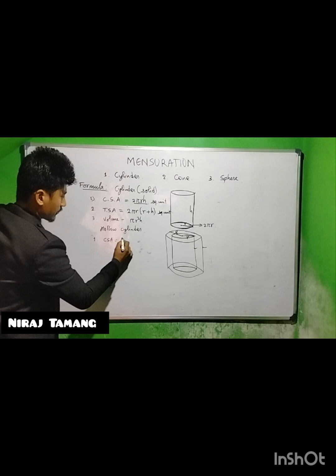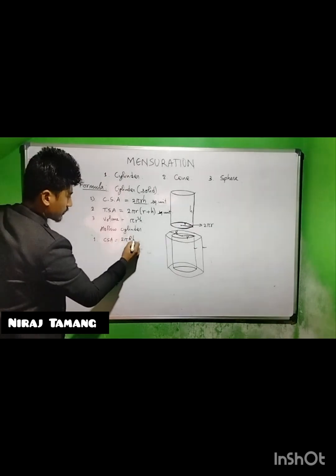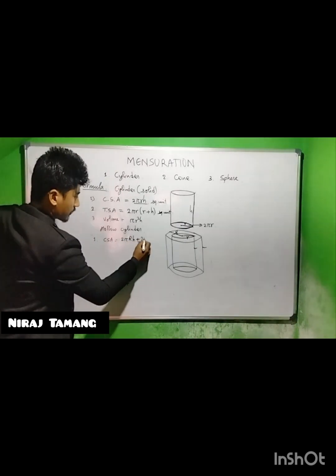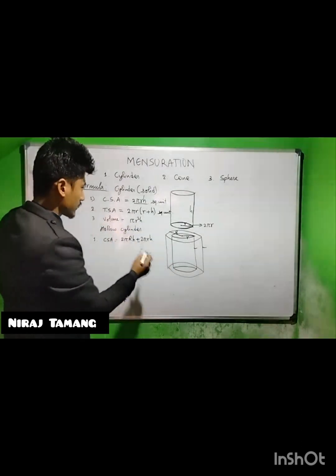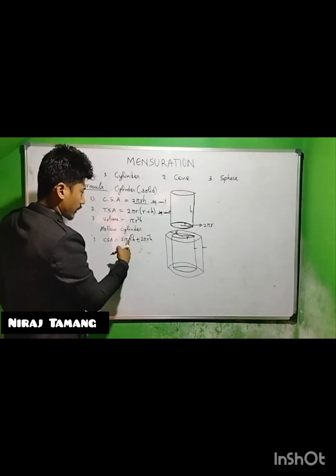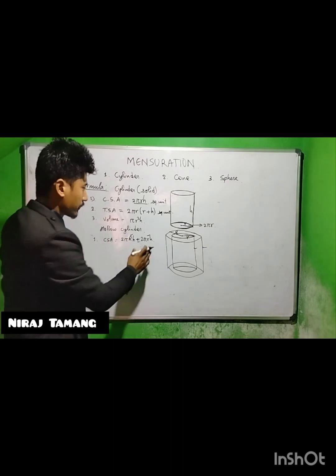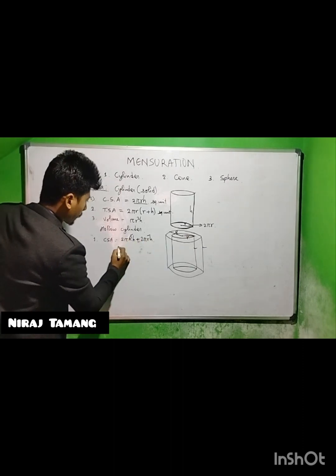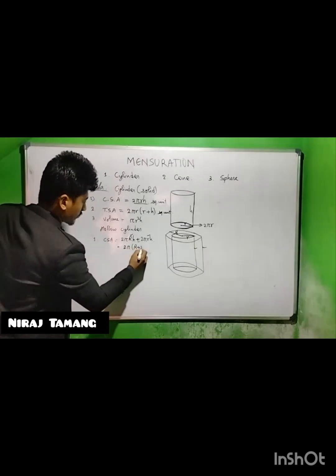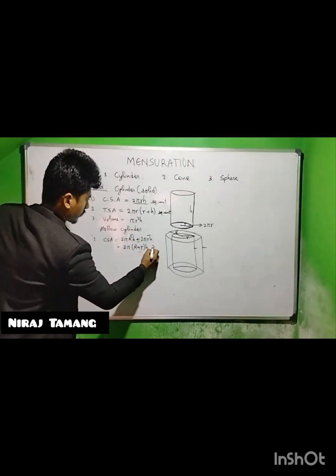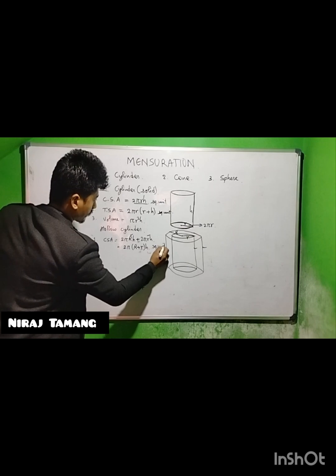Outer curved surface is 2 pi R h and inner curved surface is 2 pi r h. Formula is same, only the difference is the radius. For outer we'll write capital R, for inner we'll write small r. So that becomes 2 pi times capital R plus small r times h, so it is also a square unit.